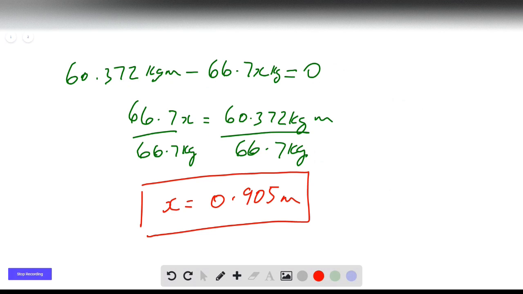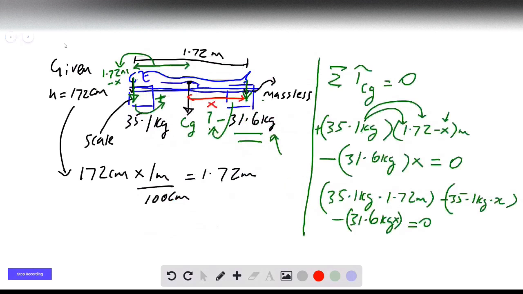Here we're using torque to determine the distance from the leg of the tall person up until the center of gravity. We're calling that x. So all our torques are relative to the center of gravity.